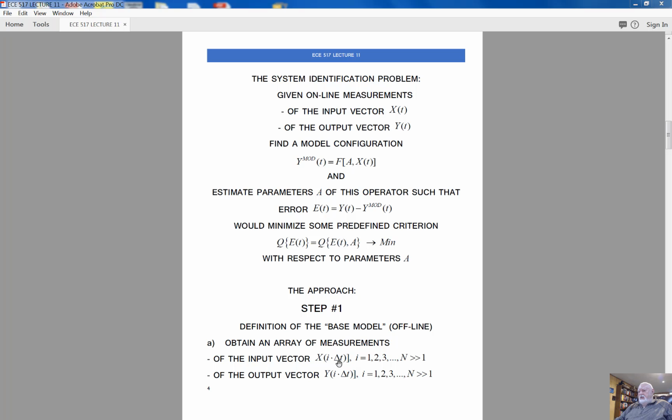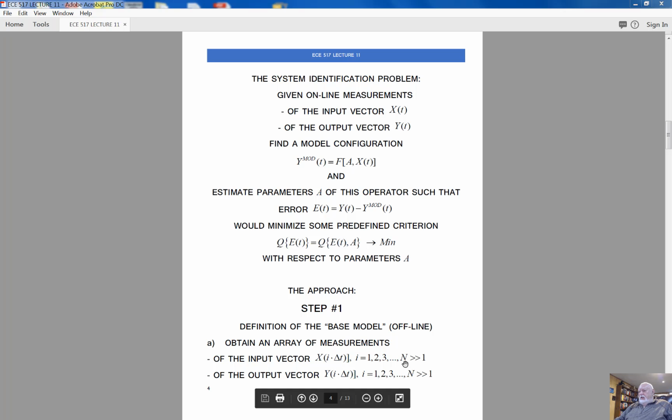Delta t is a constant step, and therefore, I guess we don't even have to mention this delta t. We can technically call this x of i, assuming that we're dealing with x for 1 times delta t, 2 times delta t, and so on.